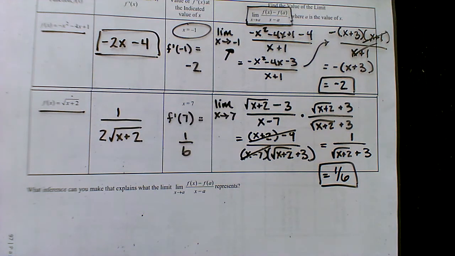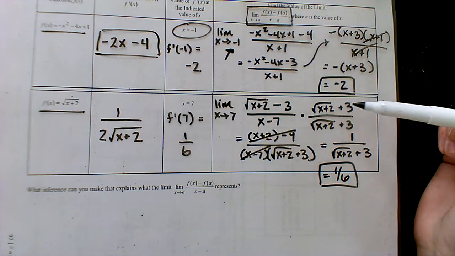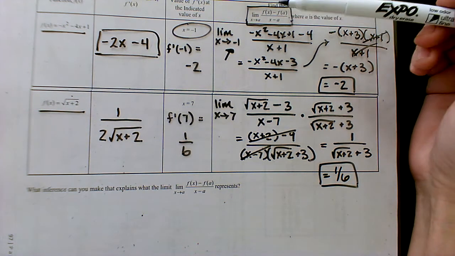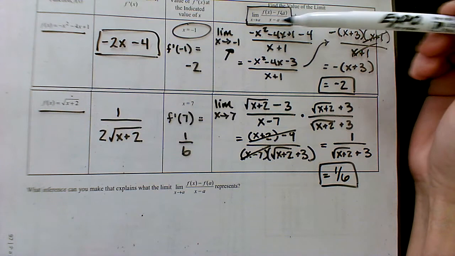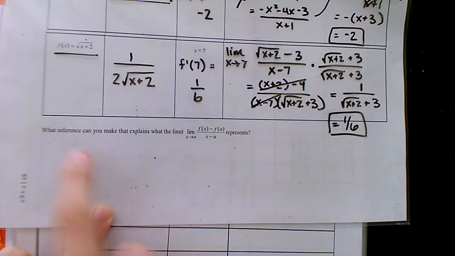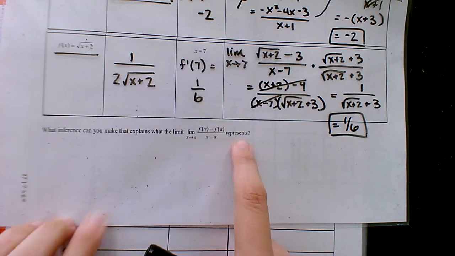Okay, so notice how we now have another limit that we can use to help us figure out a derivative value. Okay, it's no longer h's and k's, but it's still a difference quotient. Okay, change in y's over change in x's. Okay, whole idea of slope. So we're just going to write down that idea here at the bottom. Okay, what does this limit represent?